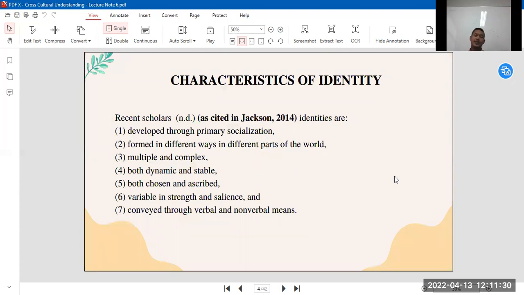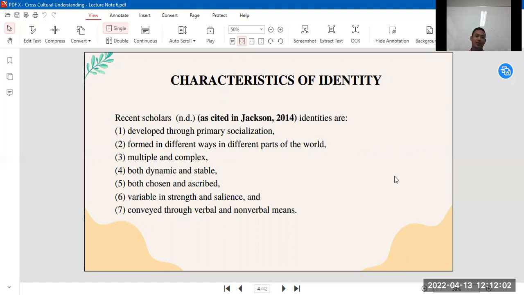Before we go further, the definitions and descriptions about identity. Here, we'll have the characteristics of identity. Recent scholars, as cited in Jane Jackson's 2014, say identities are, first, developed through primary socializations. Second, formed in different ways in different parts of the world.